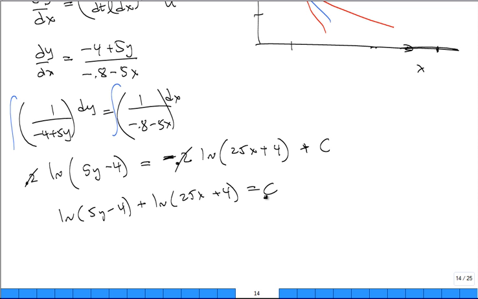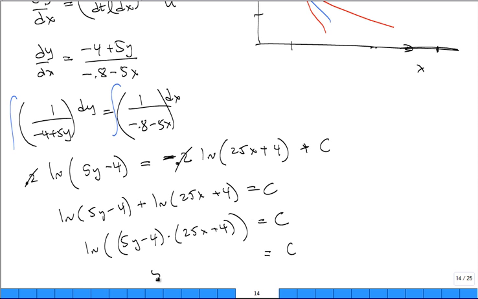The logarithm of x plus the logarithm of y. They multiply, take the logarithm of both. So it's the logarithm of 5y minus 4 times 25x plus 4, all of that equal to a constant. Exponentiate both sides, I get another constant. Forget the old constant, it's a new constant.